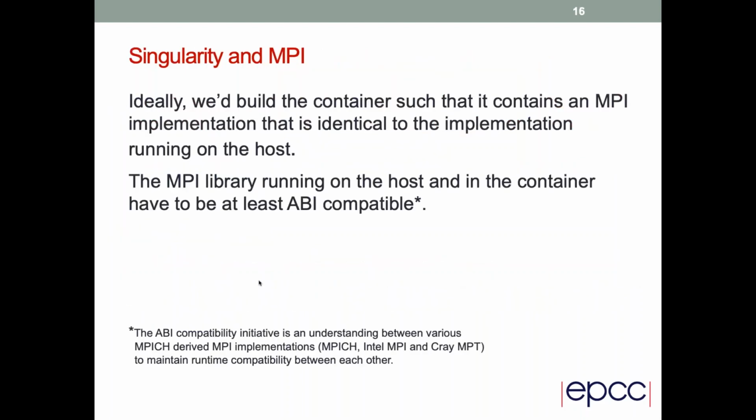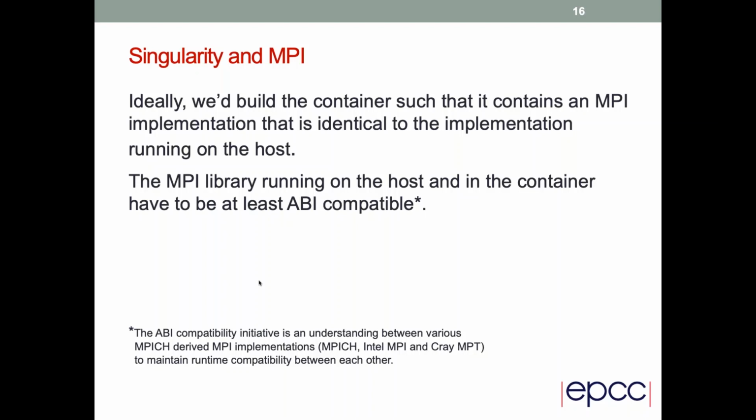So I'll just talk now about how Singularity integrates with MPI. Ideally, we'd build the container such that it contains an MPI implementation that is identical to the one on the host. You can have something that is at least ABI compatible, application binary interface, and there are several MPI implementations out there.